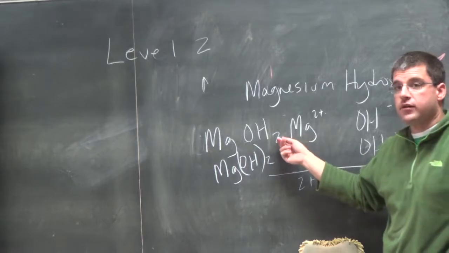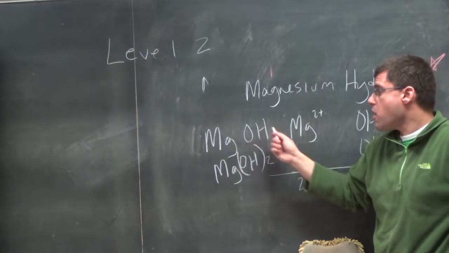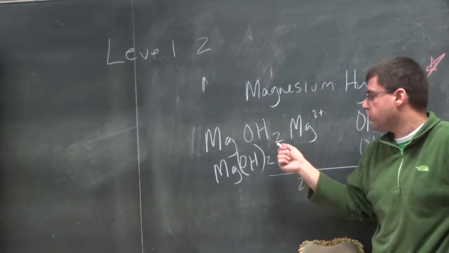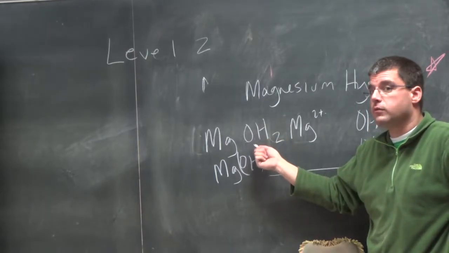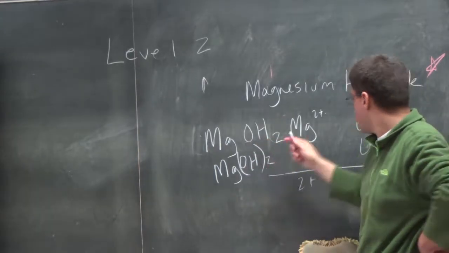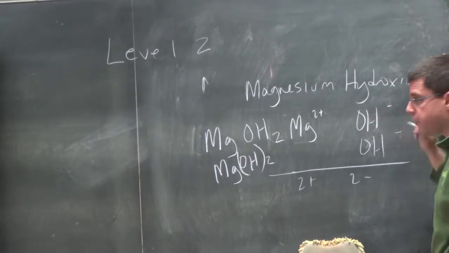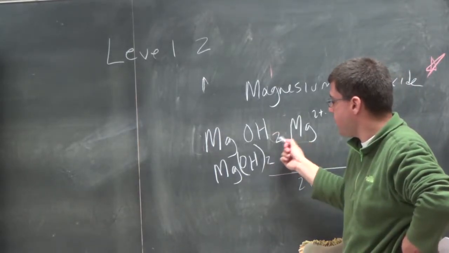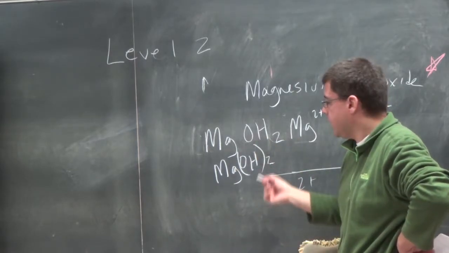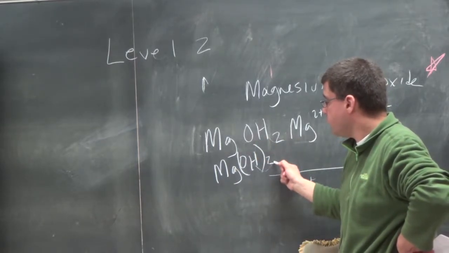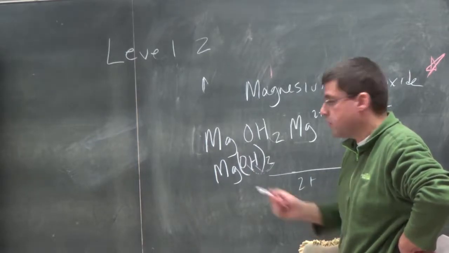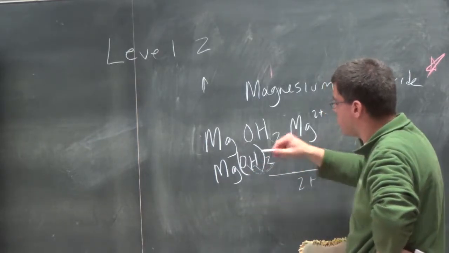If I said this, it's wrong because it only says I have 2 hydrogens and 1 oxygen. Here, because right here I've got 2 oxygens, 2 hydrogens, 2 total hydroxides. This tells me I have 2 hydrogens and 1 oxygen. It's this. 2 hydrogens, 2 oxygens. 2 hydroxides, 2 hydroxides.